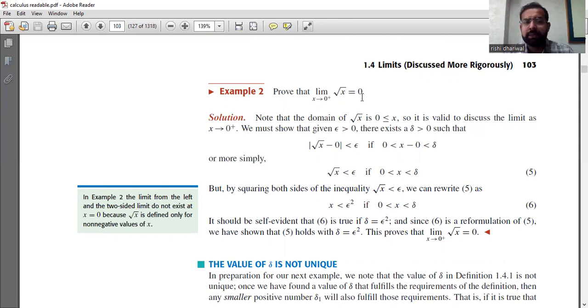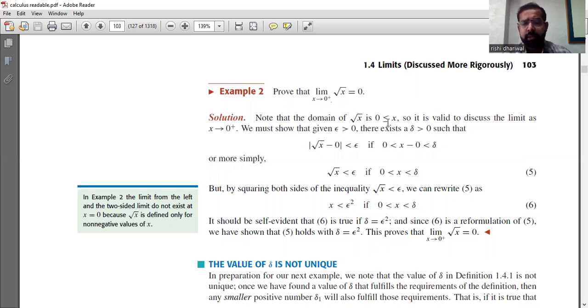To find the limit here, A is 0 positive, f(x) is square root of x, and L is 0. The domain of square root of x is x greater than or equal to 0, so it is valid to discuss the limit as x approaches 0 from the positive side.